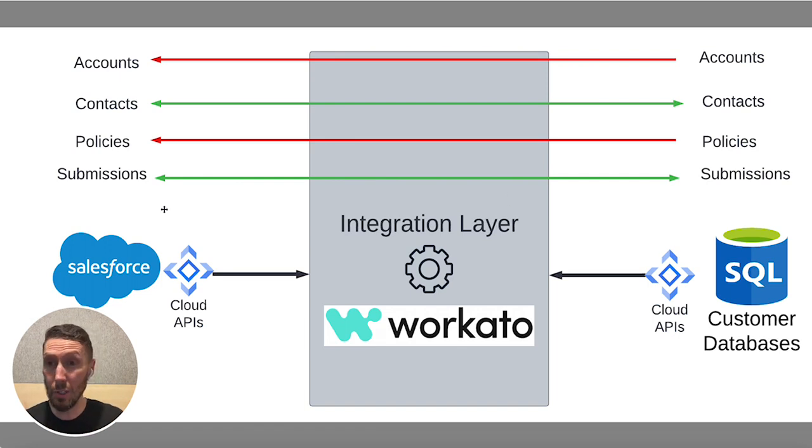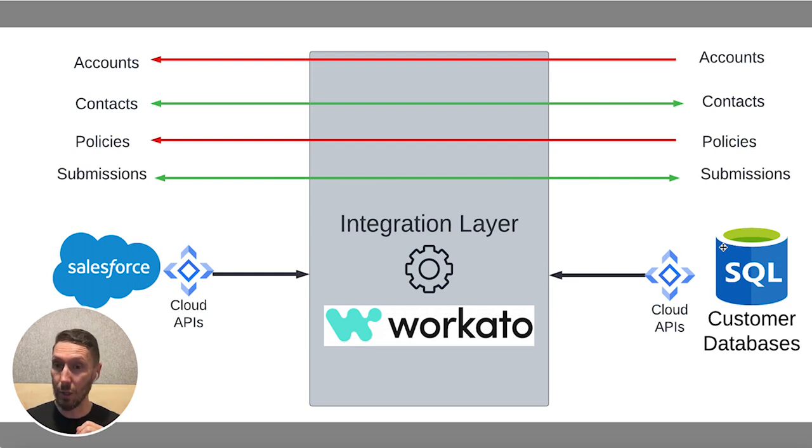Another one is submissions. A submission, depending on whether you're an agency broker or a carrier MGA, might look a little different. But let's say you're an MGA or a carrier, you receive the submission maybe into Salesforce, some communication happens, and then at some point you want to push it into the other application, your other insurance system.